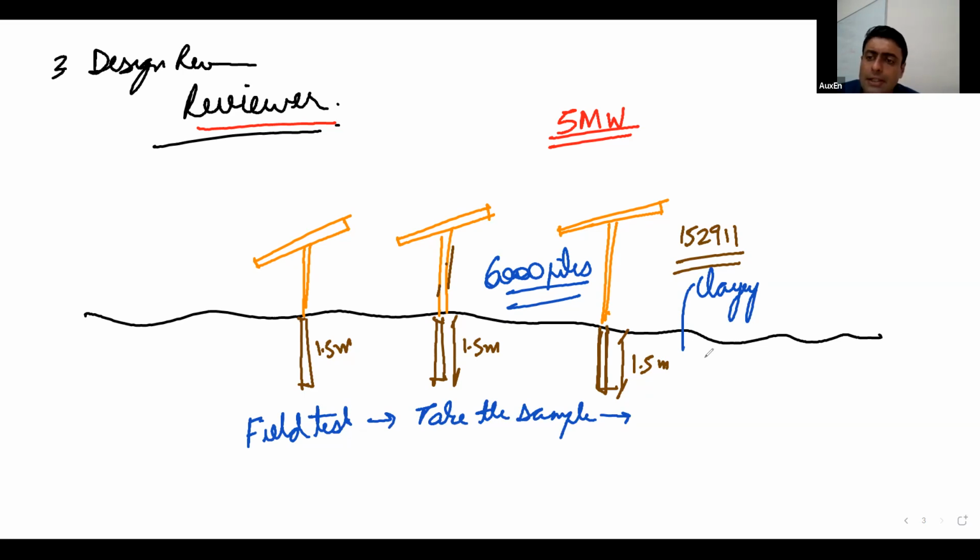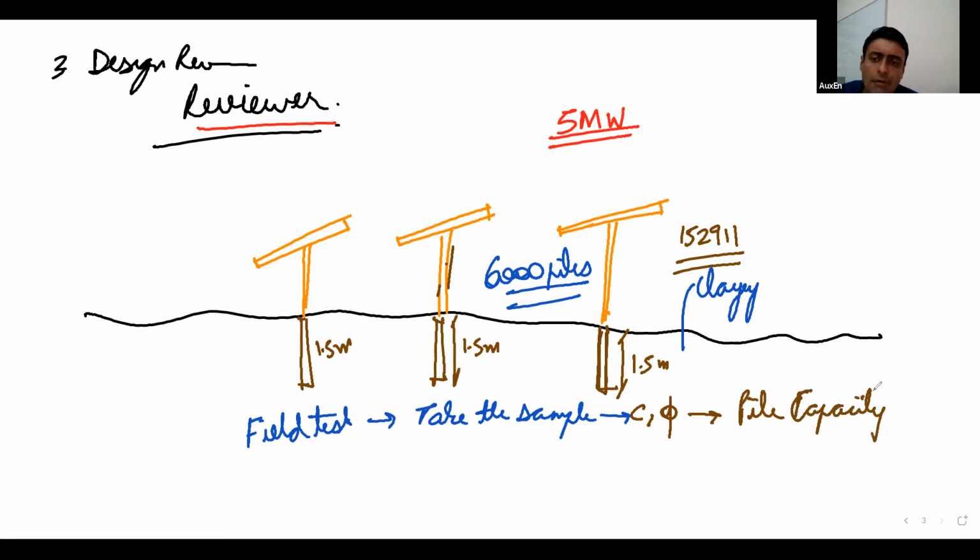Typically those properties are c and phi values. On the basis of these c and phi values, they will calculate a tentative pile capacity using some formulae called static formulae. I will tell you more about this in the coming sessions.